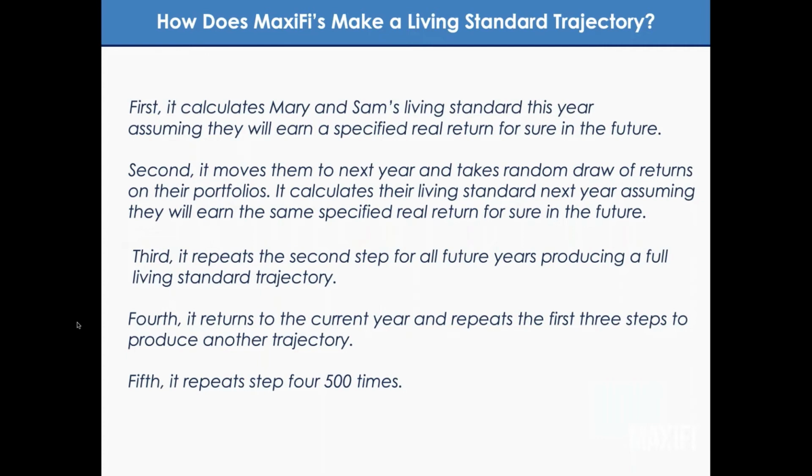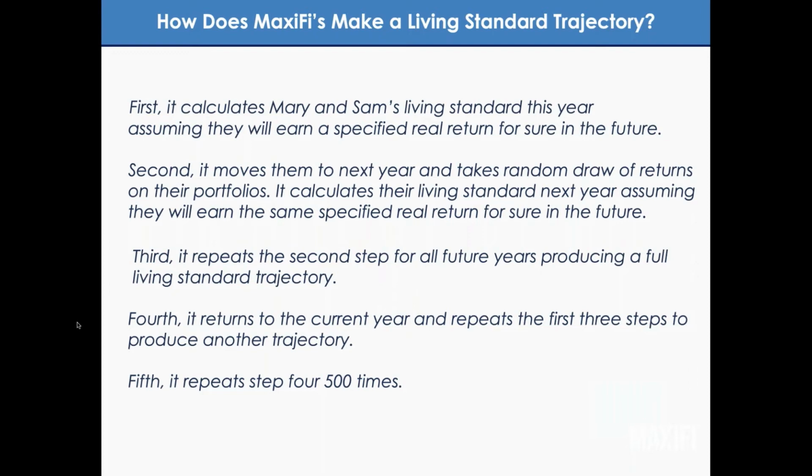And then we move them to the next year, to 2021. Before we do that, we take a random draw of the returns on the assets that they're holding, taking into account this correlation that I mentioned. And you can have, by the way, different portfolios of retirement account assets. You can be holding different securities in your retirement accounts, and your spouse's retirement accounts can be different from the other spouse's, and your regular assets can be allocated in a different way as well.